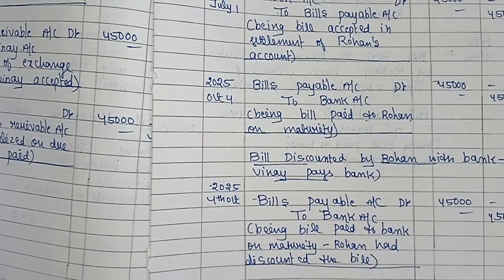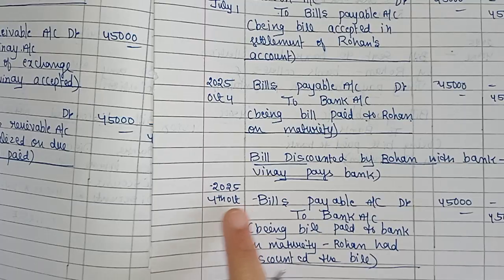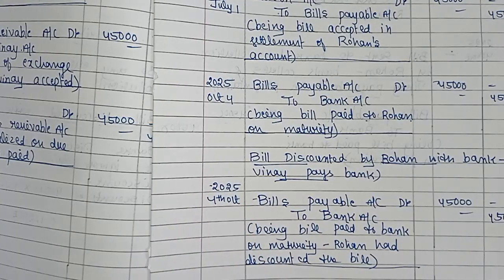He is not involved in the discounting process. Drawee, he is not involved in the discounting process. He is going to pay the amount to the bank on the due date only. So write down the due date 4th October 25. Bills payable account debit to bank account.